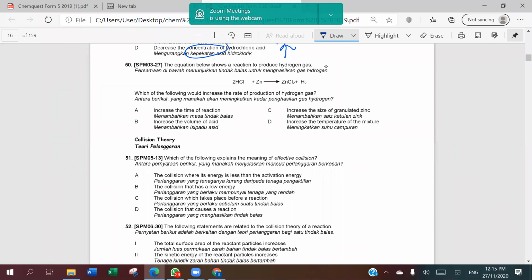Is the answer correct or not? Tinish says it's wrong. If you say it's wrong, then what is the answer? I think it's C, teacher. You say C. Okay, Jeff? The size needs to be smaller.